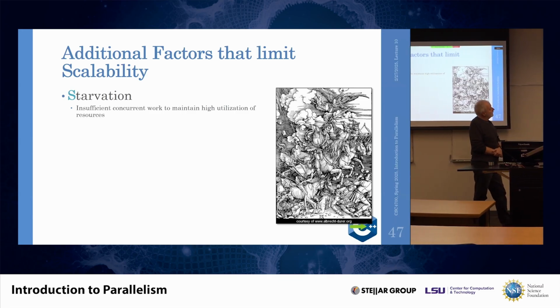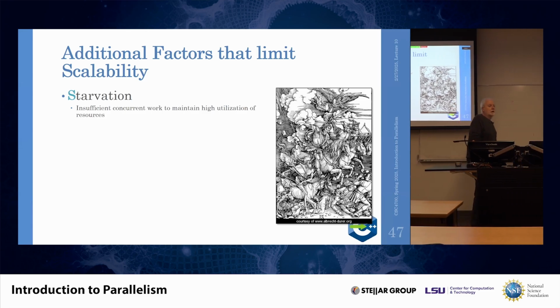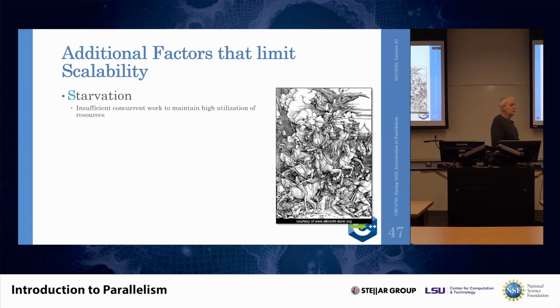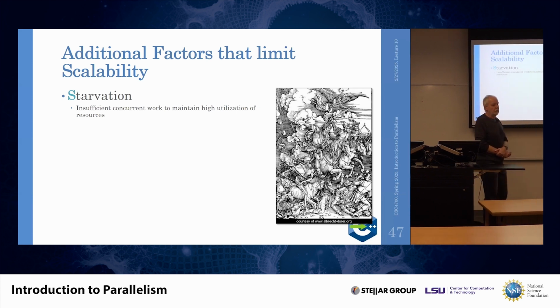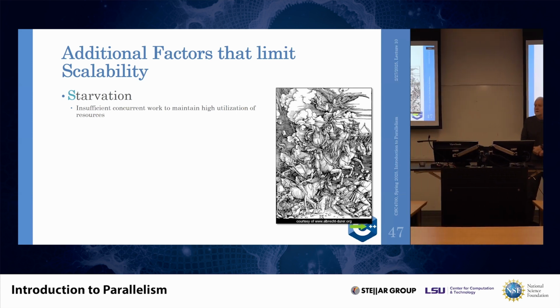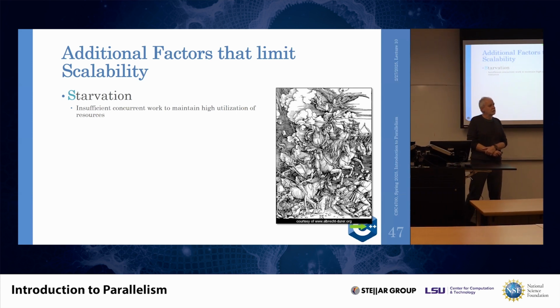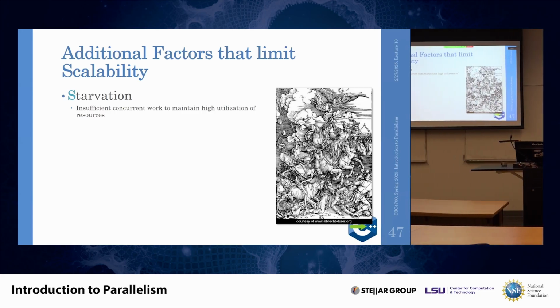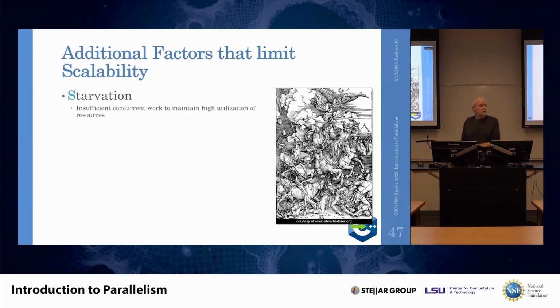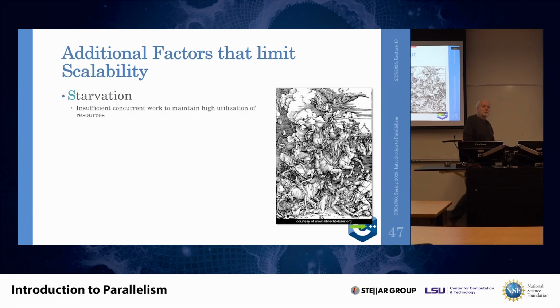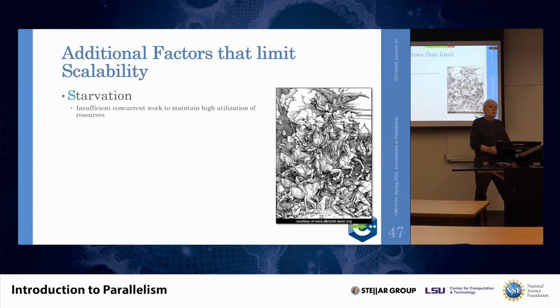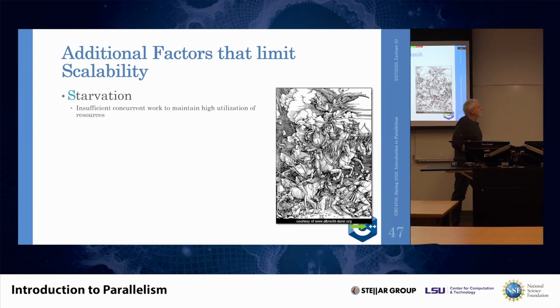And these 4 factors are starvation. If you don't have sufficient parallelism in your system, if you have 100 million computing elements, but you have only 10 tasks that can run concurrently, well, the rest of them starves. So you can't utilize the full power of the machine.